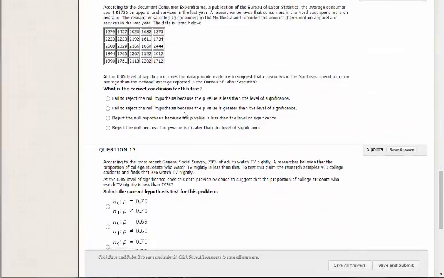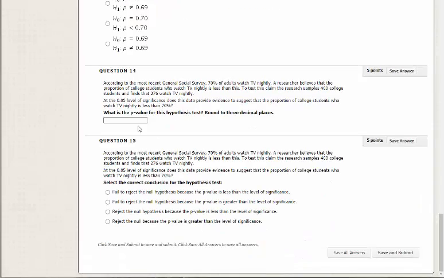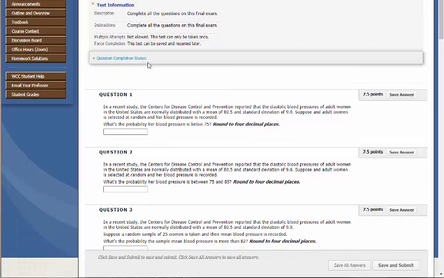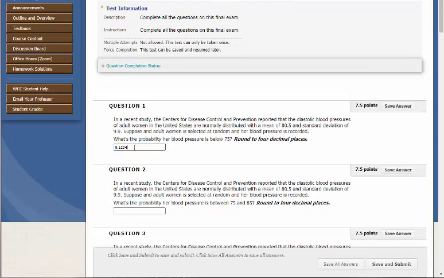The exam, as you can see, is 15 questions, and all the points are here. Question 1 is about the normal distribution. Just pay attention to when it says something like round to 4 decimal places. So what you'll do is you'll put in 0.1234. You'll go to 4 decimal places.